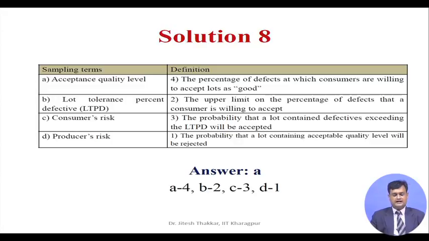B is perfectly matching with 2, that is, LTPD is the upper limit on the percentage of defects that a consumer is willing to accept. C, consumer's risk, is matching with 3, the probability that a lot containing defectives exceeding the LTPD will be accepted, and producer's risk is matching with 1, that is, the probability that a lot containing acceptable quality level will be rejected.